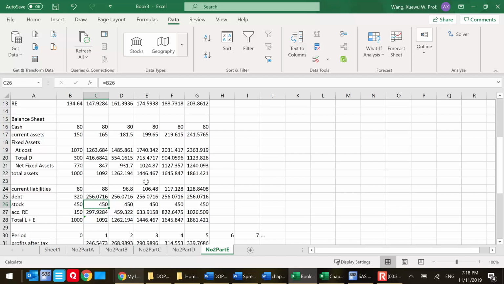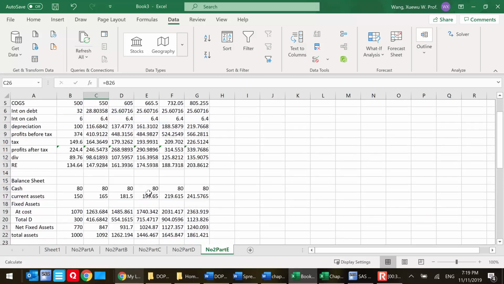Suppose the firm has 1,000 shares and decides to pay in year one a dividend of 15 cents per share. And also, suppose the firm wants the dividend per share to grow in subsequent years by 12% per year. So now we're looking at dividends.